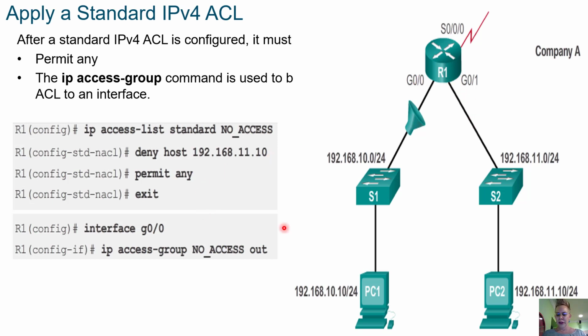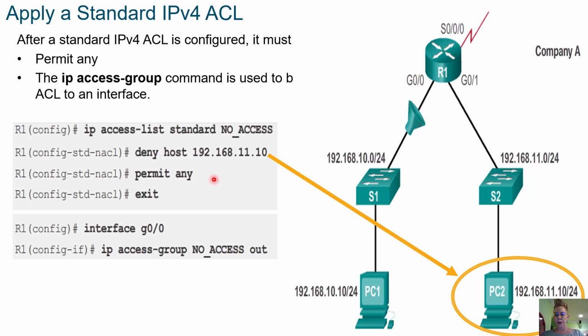So in this scenario, we want to deny 192.168.11.10 right down here, and we're going to determine where it is denied by where we put the access control list. Okay, so we're going to deny this. Now remember, we want to allow everything else, right?